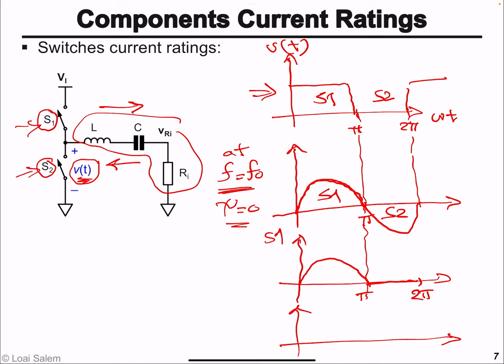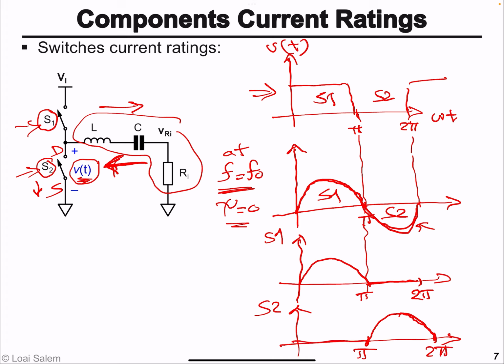On the other hand, since the current in the RLC circuit in the second half is negative, this means it's going from right to left, which goes from the drain terminal to the source terminal. So if we consider the current in S2, the reference direction of the current in S2 is from top to down, or from drain to source. So this means the current going through it is going to be positive from drain to source, although the current in the inductor is negative.